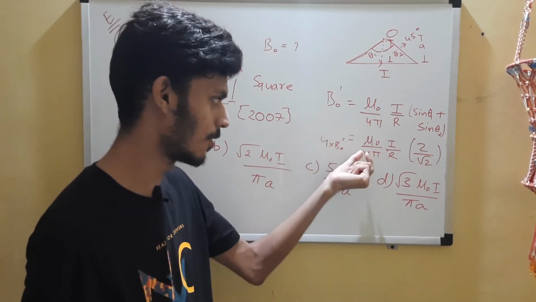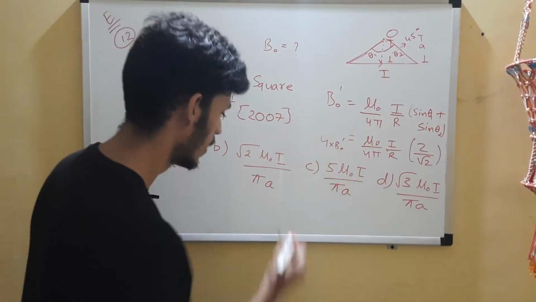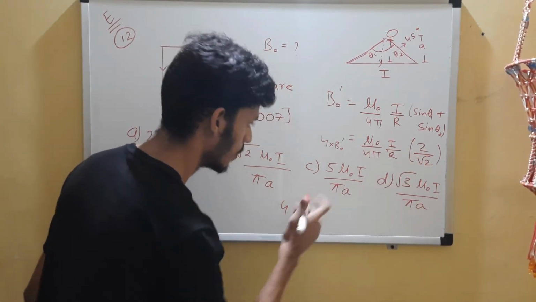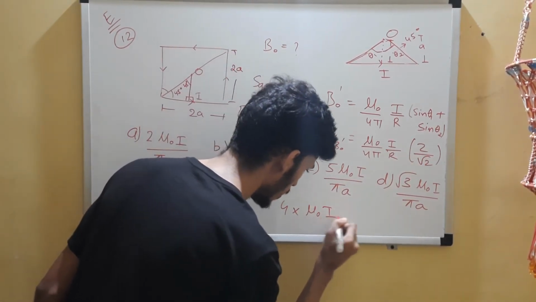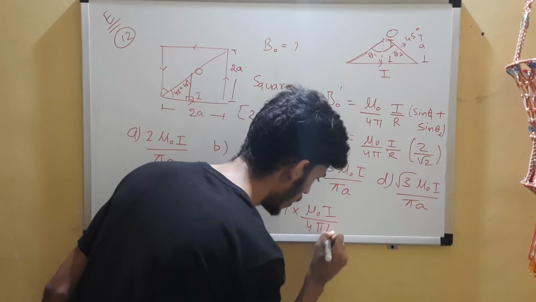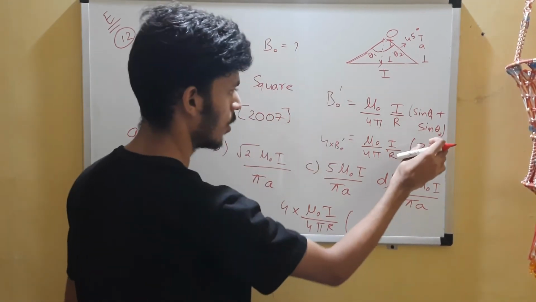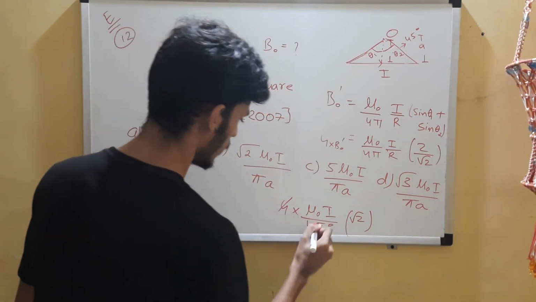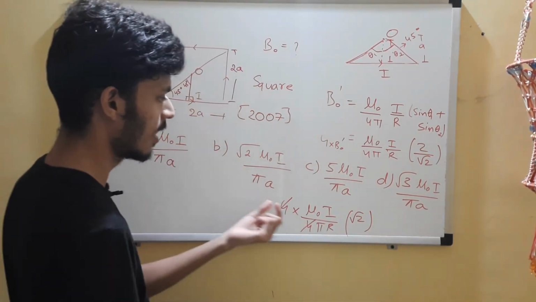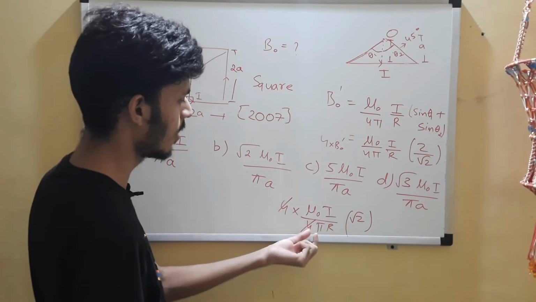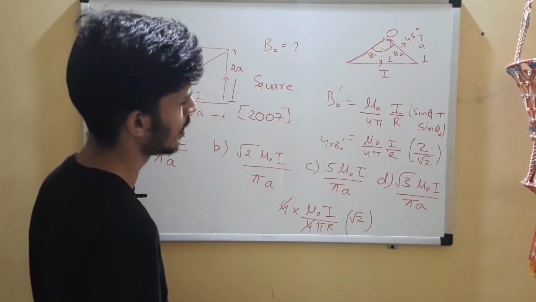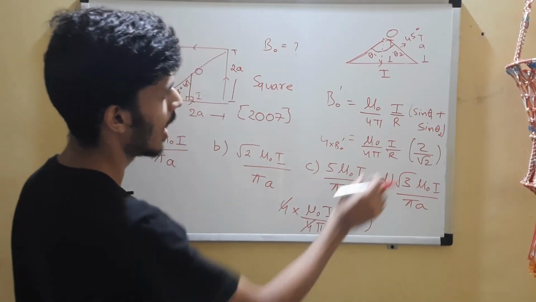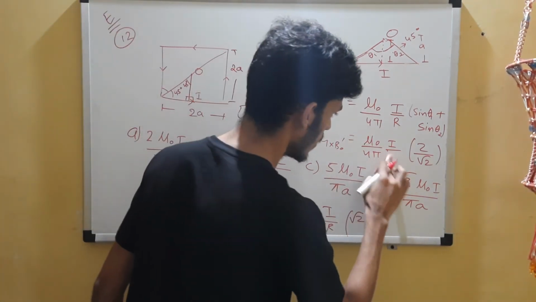So 4 times mu naught I upon 4 pi R into 2 by root 2, that will be root 2. You can easily see that the answer will be root 2 mu naught I upon pi R. What is R over here? R is the perpendicular distance. R is A over here.